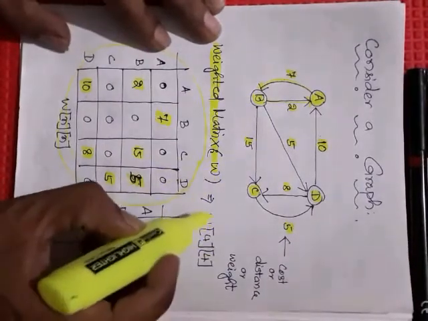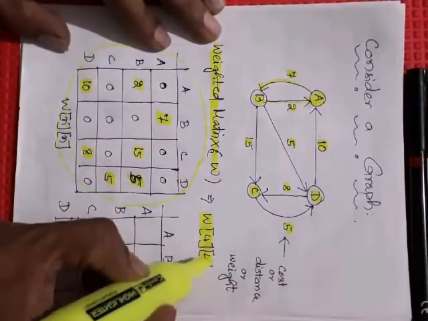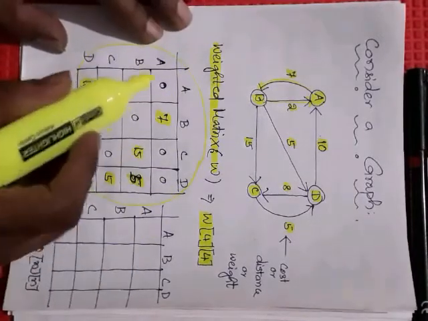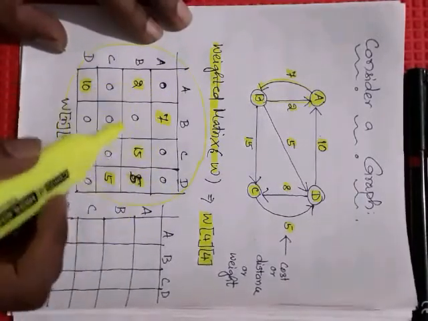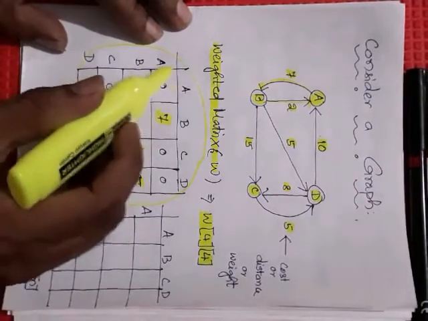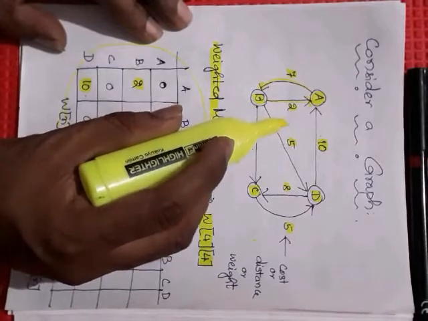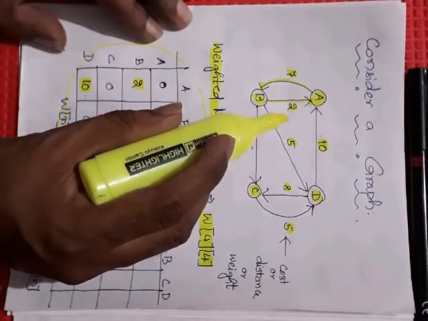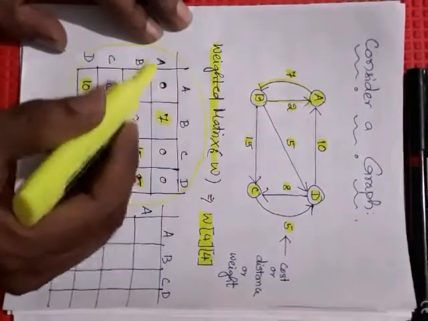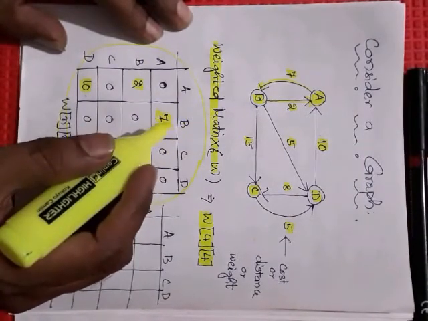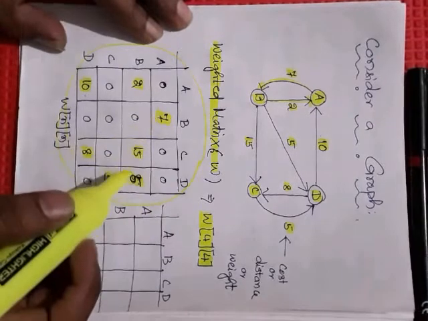We have taken W as the matrix whose size is 4 cross 4. Now how are we going to put the values into it? Between every pair of vertices, we will check whether there is an edge. If there is an edge, we put its weight there. When there is no edge, we don't know the weight, so the weight will be 0 by default.